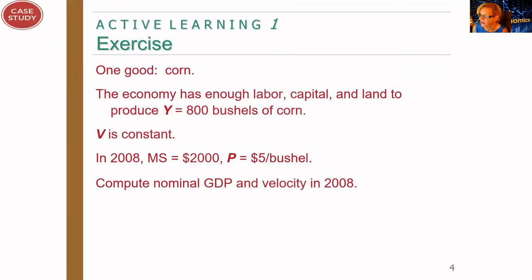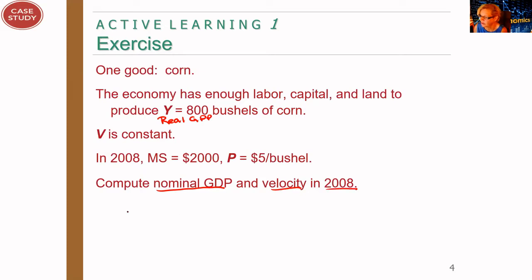Here we have one good, corn. The economy has enough labor, capital, and land to produce 800 bushels. Notice that is GDP, real GDP. Velocity is constant. The money supply is 2,000 and the CPI is $5 a bushel. We want to compute nominal GDP and velocity in 2008.